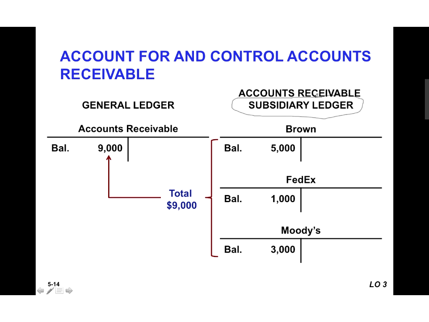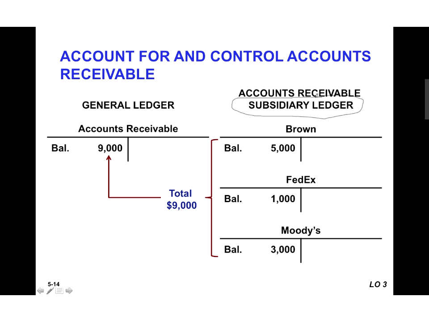Now, if that's all we had, we would never know at any given time how much each customer owes us, how much we've collected. So what we have is a series of subsidiary accounts, or subsidiary ledger.